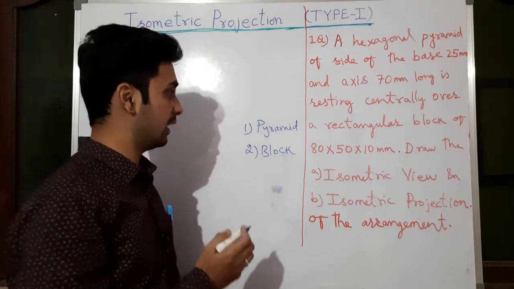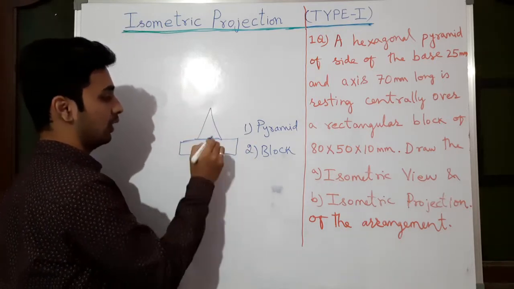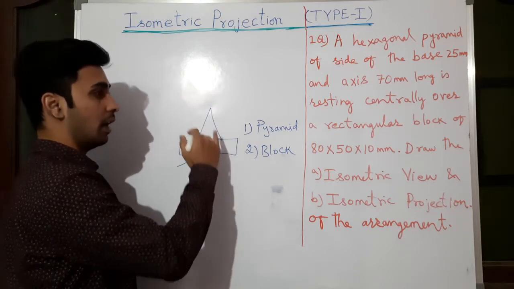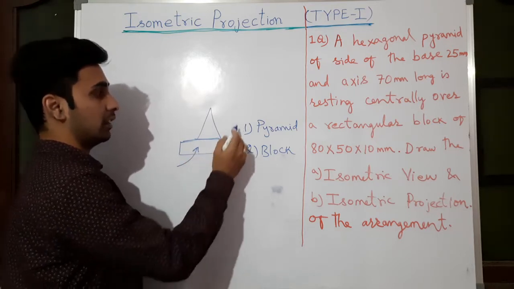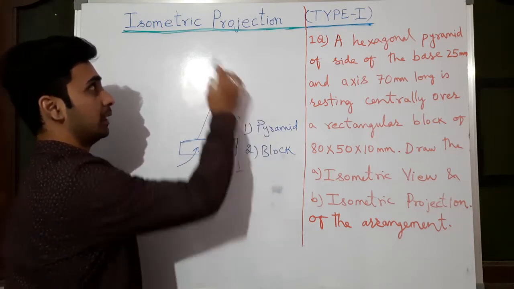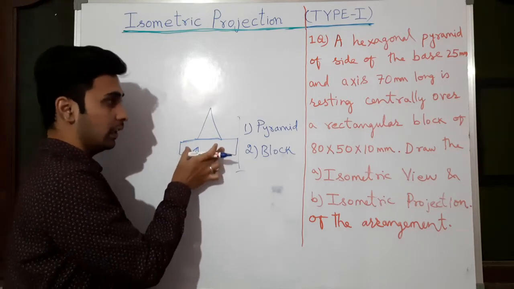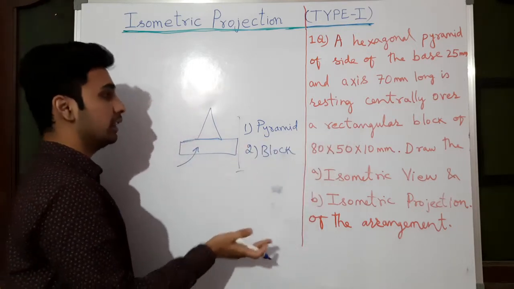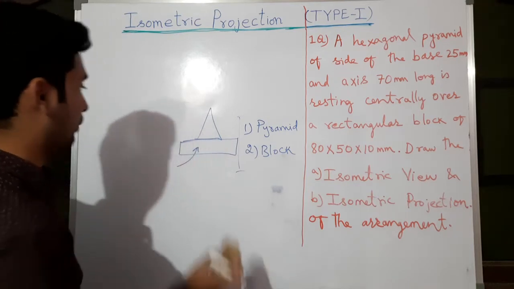Similarly here, the block you need to construct first, then go for the upper side, that is the pyramid. Whenever you are dealing with compound solid problems in isometric projections, start with whichever object is lower. Here the lower object is the rectangular block, so start from the lower side, then go for the pyramid. Let us start with the block.